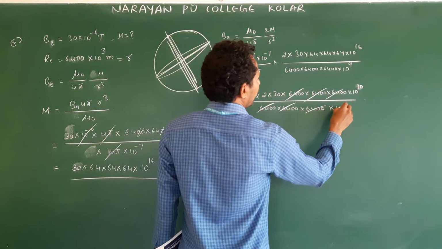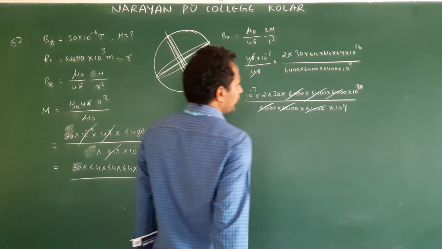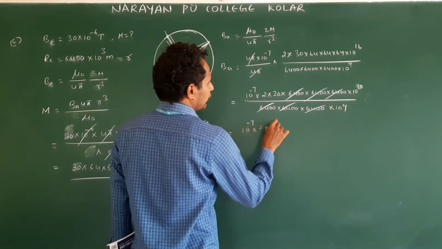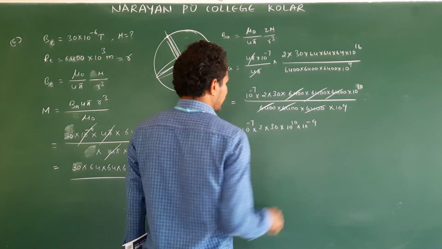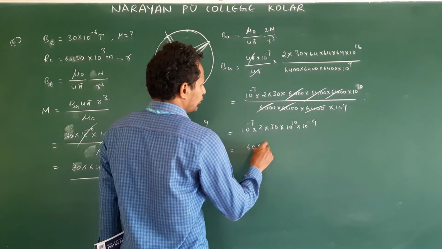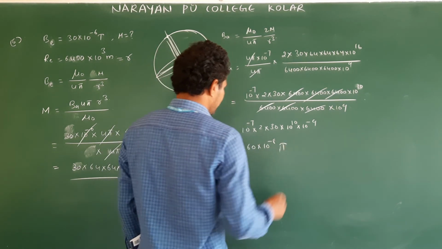So 10 power minus 7 into 2 into 30 into 10 power 10 into 10 power minus 9. This is 60 into 10 power minus 8 Tesla.